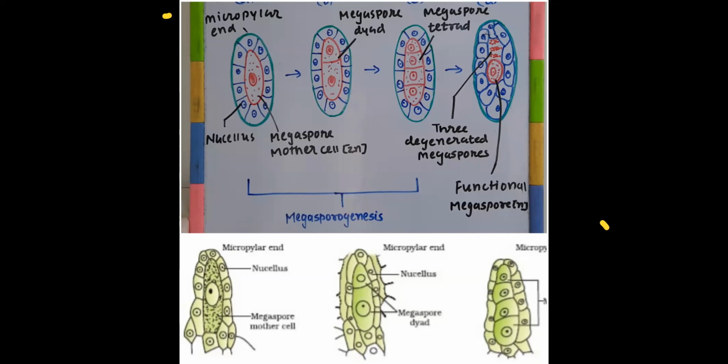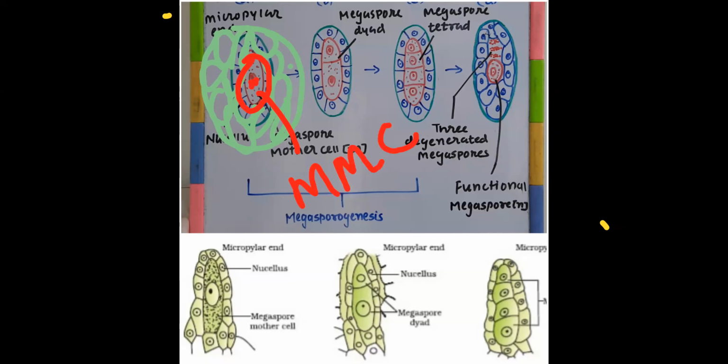Unlike that, in this case, within the nucellus mass, you have to imagine, only one cell closer to the micropylar end of the embryo sac differentiates into what is termed as the megaspore mother cell.